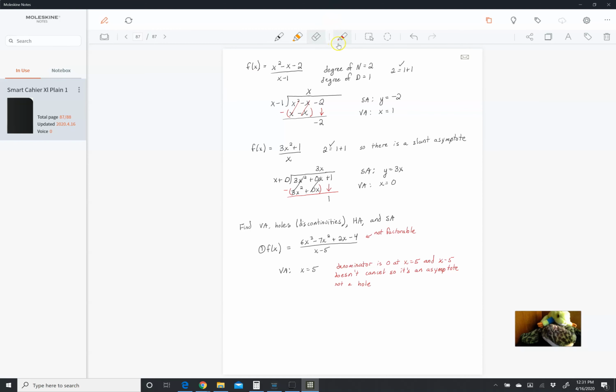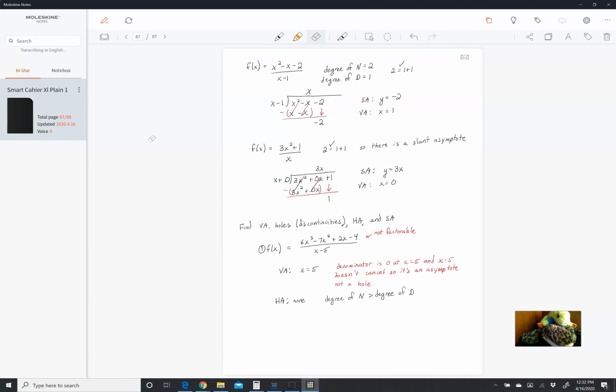Our horizontal asymptote, well, if we look at the degree of the denominator, it's greater than the degree of the numerator, so there isn't any. Remember, there are three possibilities.